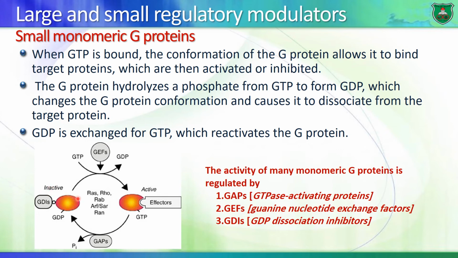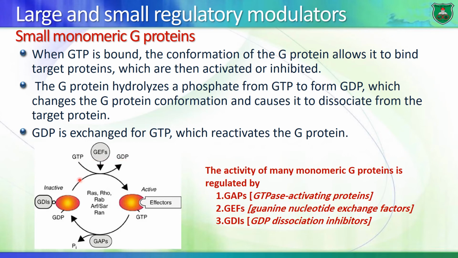What happens is that you have removal of GDP, okay, and association of GTP. To tell you the truth, I don't like this arrow in here because that means that this GTP is converted to GDP, which is not right.